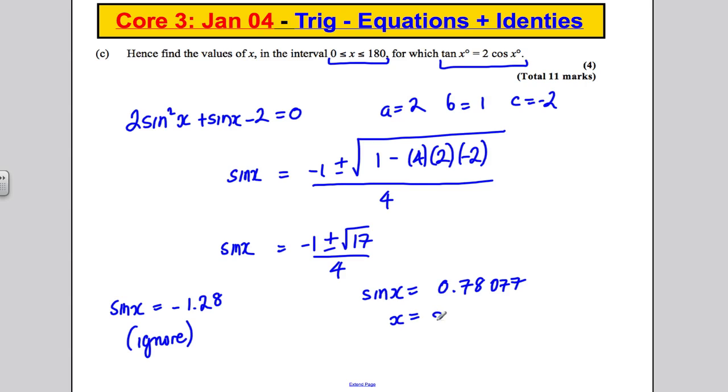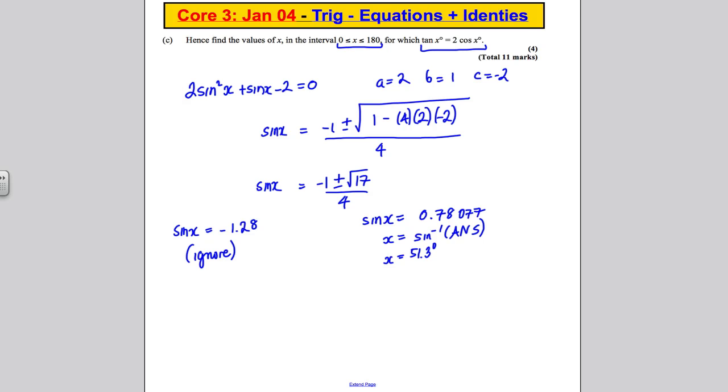So x would be the inverse sine of this. Keeping your calculator in degrees mode, you would get that x is equal to 51.3 degrees.